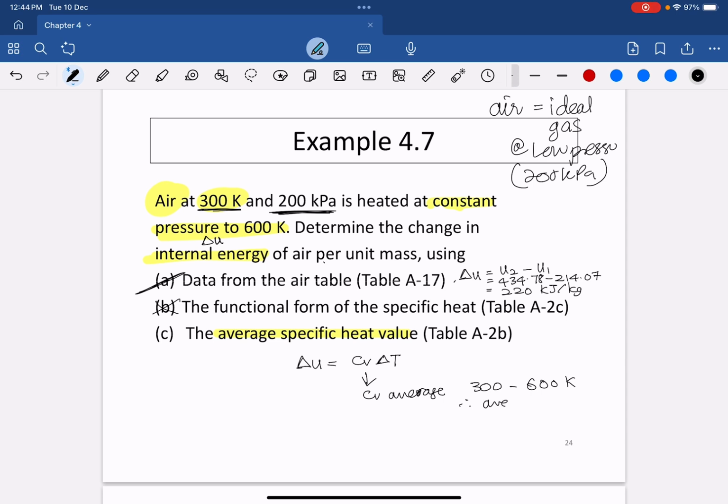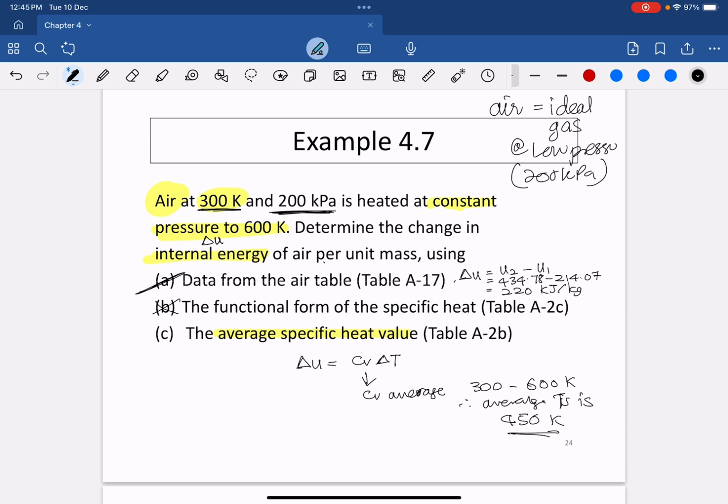Therefore the average temperature is 450 Kelvin. We add 300 and 600, which is 900, so the average temperature is 450 Kelvin.